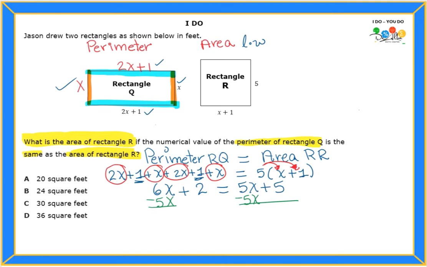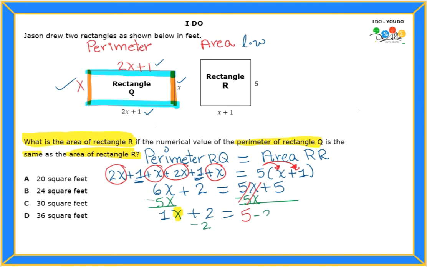6x minus 5x gives me 1x plus 2 equals, my 5x's are going to cancel, and I ended up with a 5. So it's getting better because now I can see that my x is by itself. So I need to get rid of the plus 2. That's the constant. How do I get rid of a plus 2? Minus 2.